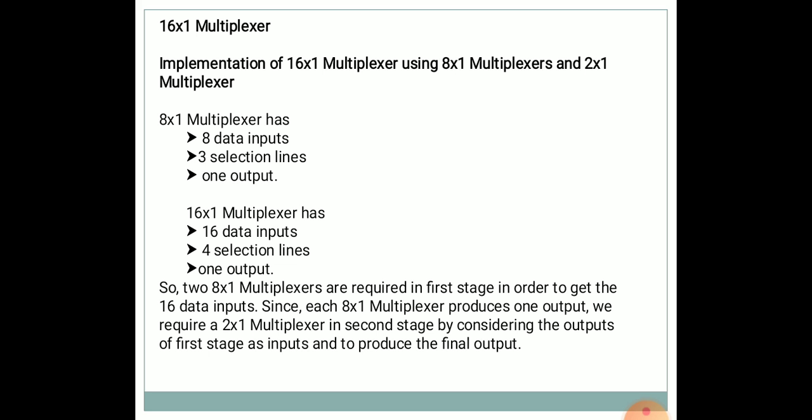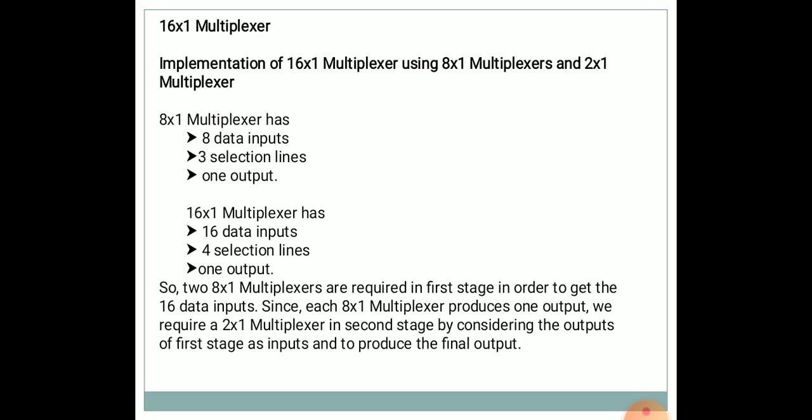So two 8 cross 1 multiplexers are required in the first stage in order to get the 16 data inputs. Since each 8 cross 1 multiplexer produces 1 output, we require a 2 cross 1 multiplexer in the second stage.